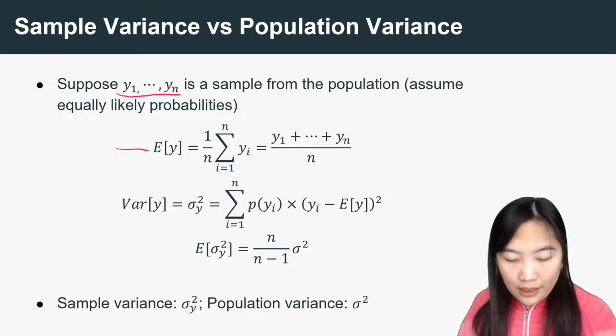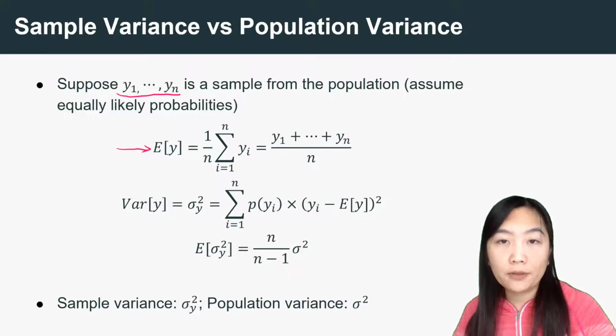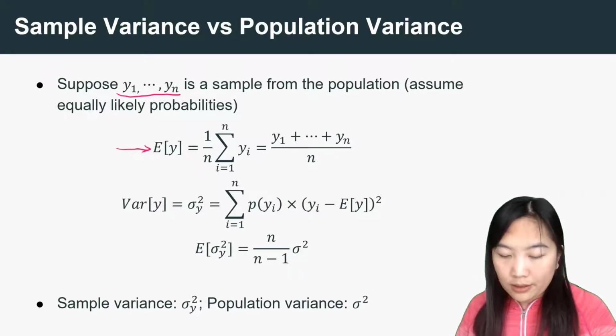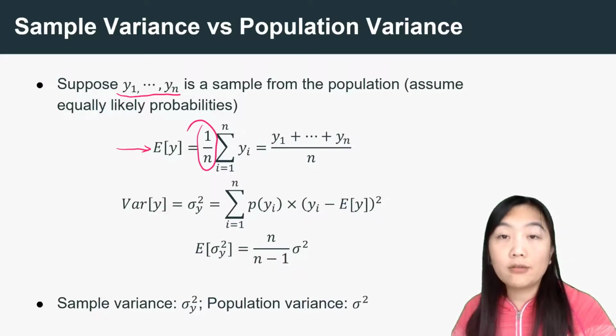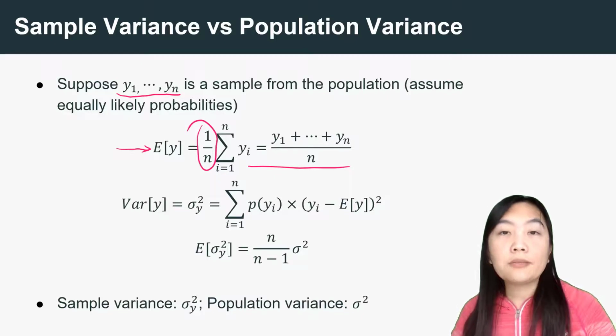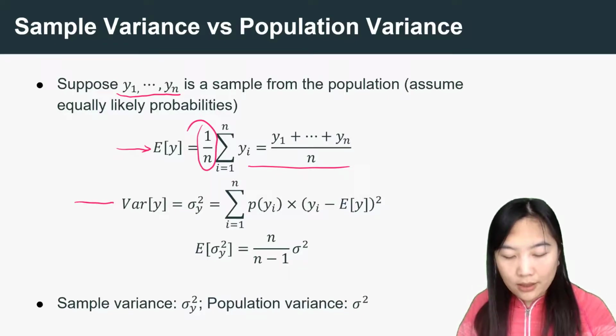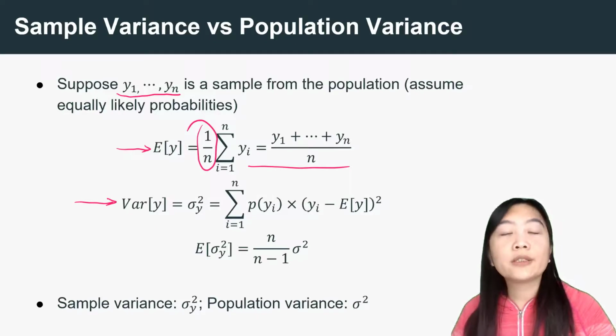Then we can calculate the expectation of that sample. The probability of each yi happening is 1 over n. And this is only the simple average here, the expectation. And you can also calculate the variance of y.